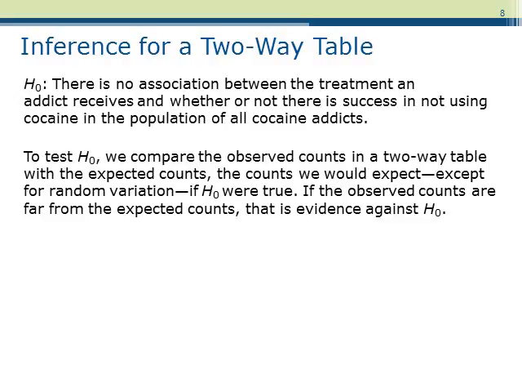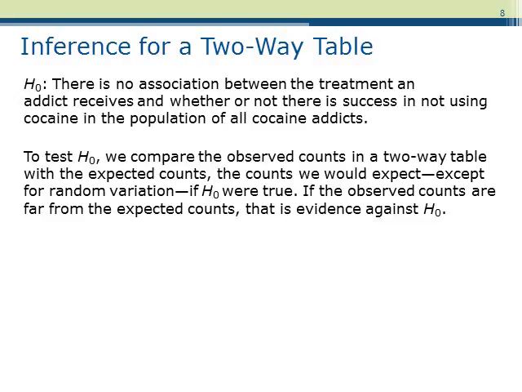To test the null hypothesis, we will compare the observed counts in a two-way table with counts that we would expect to observe if the null hypothesis were true. For instance, if there was no association between the treatment and the drug usage, then we'd expect the same number of successes in each of the three treatment groups.